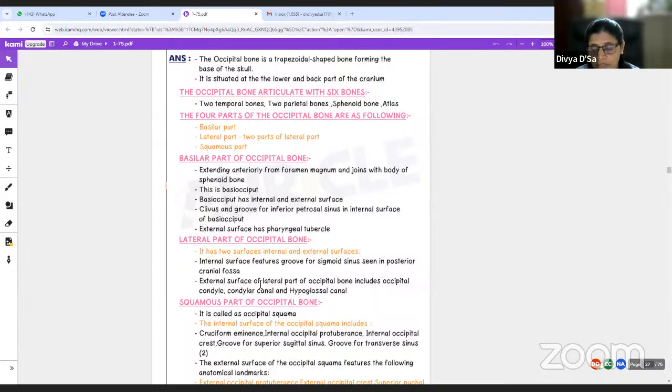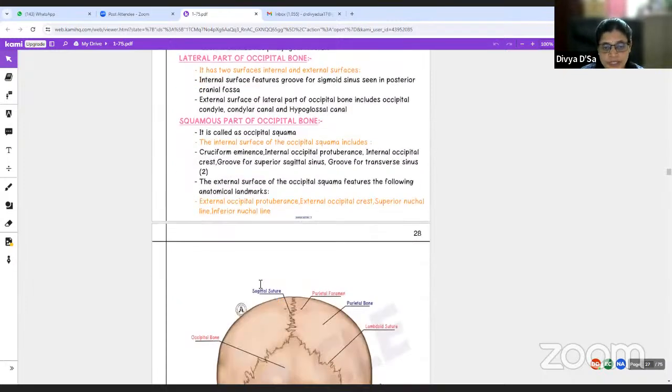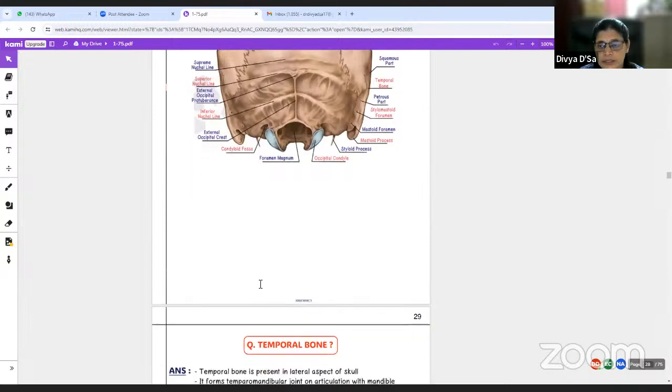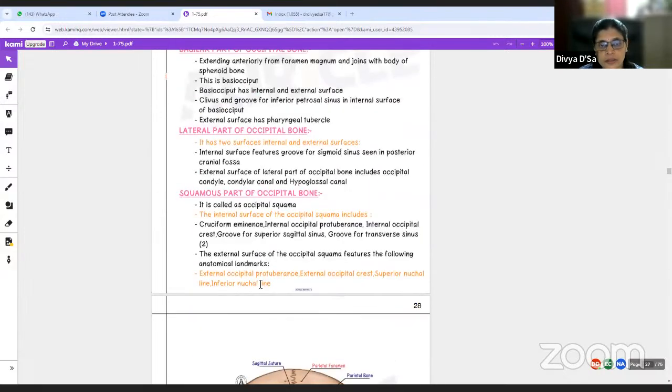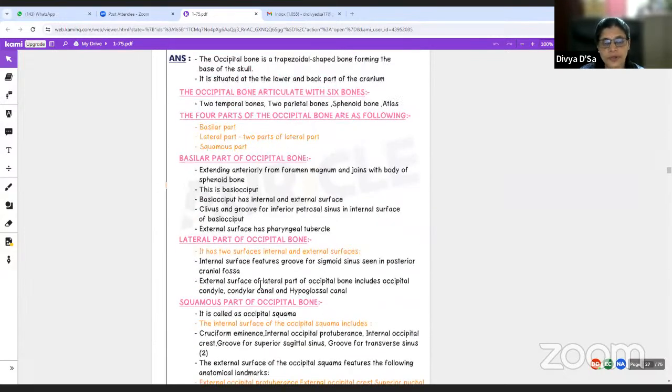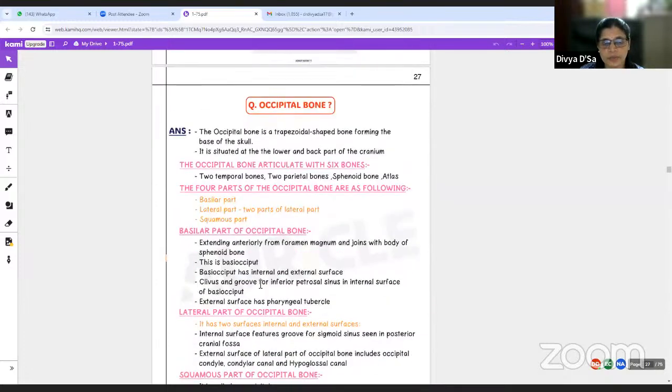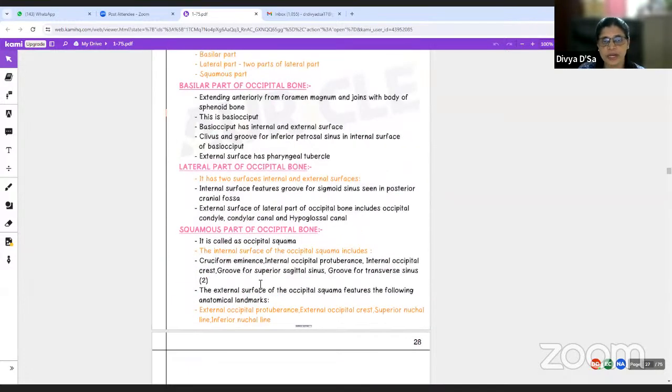So the basi-occiput will have an internal surface and an external surface. In the base of the skull, we will be able to see the basi-occiput part. And also in the cranial cavity, you'll be able to see it. In the cranial cavity, that sloping part in the posterior cranial fossa is known as the clivus.